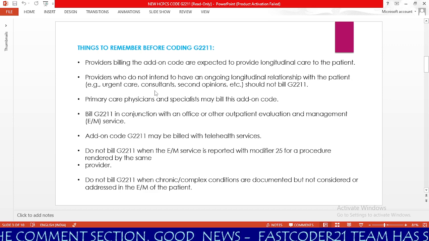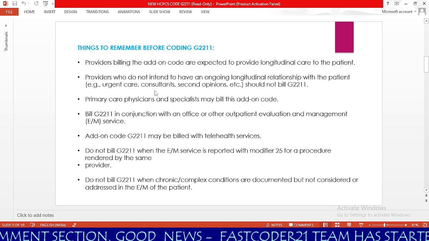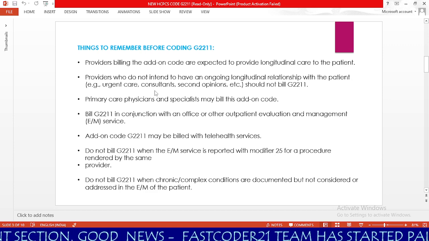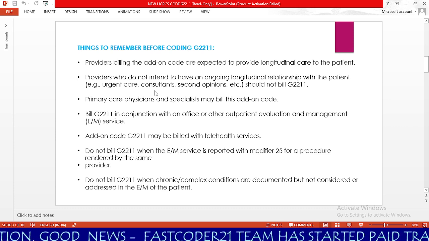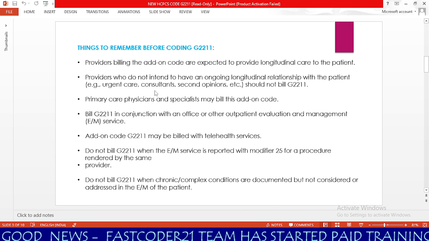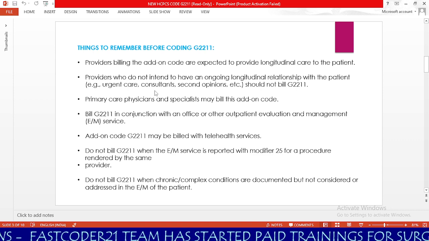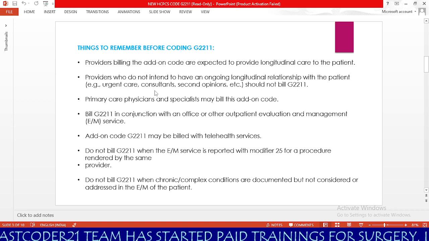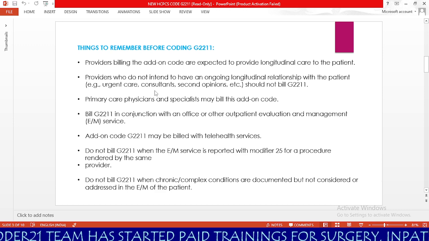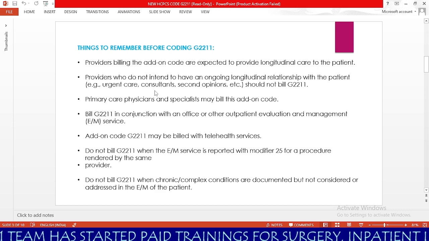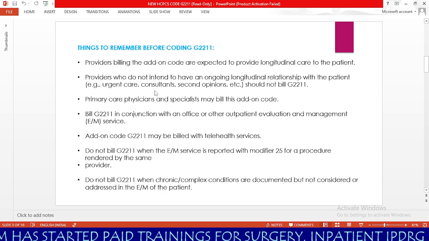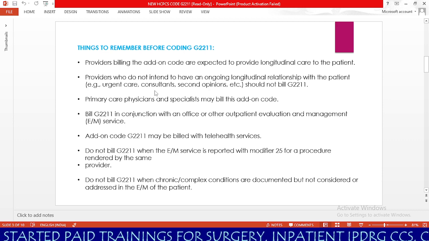Providers billing the add-on code are expected to provide longitudinal care to the patient. Longitudinal care is care which needs interaction between the provider and the patient for a longer duration.